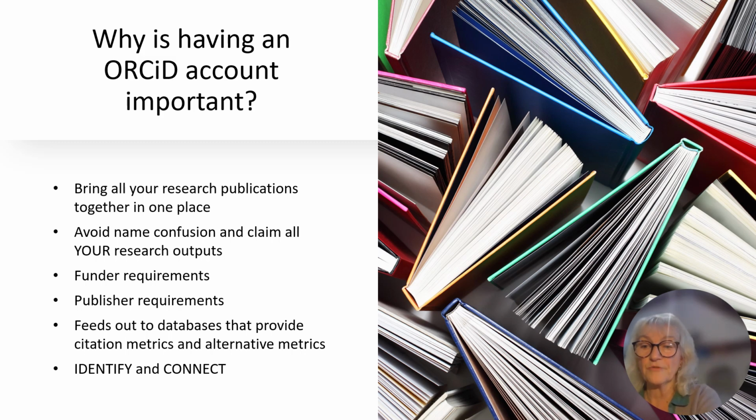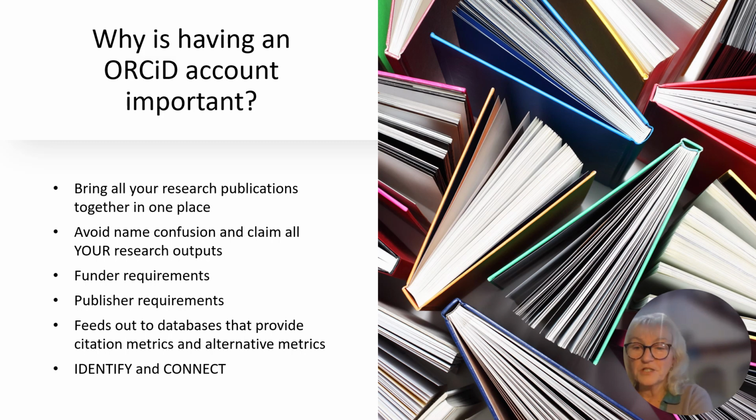So ORCiD records are increasingly able to link to other sources of professional information and identifiers such as Scopus or Researcher ID or LinkedIn, and can be used in applications or submissions as well. So this means that citations to your papers that could get lost, and you could be credited with citations from the wrong papers, but by tying your publications and research outputs to your ORCiD ID, they actually become more discoverable.